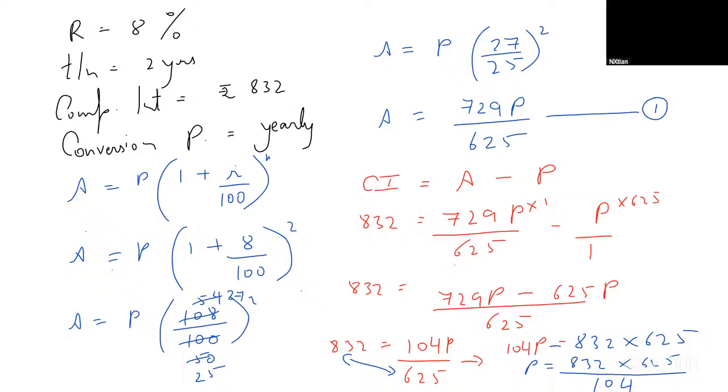Then you cancel. 832 into 625 upon 104. Solve this and tell me the P.